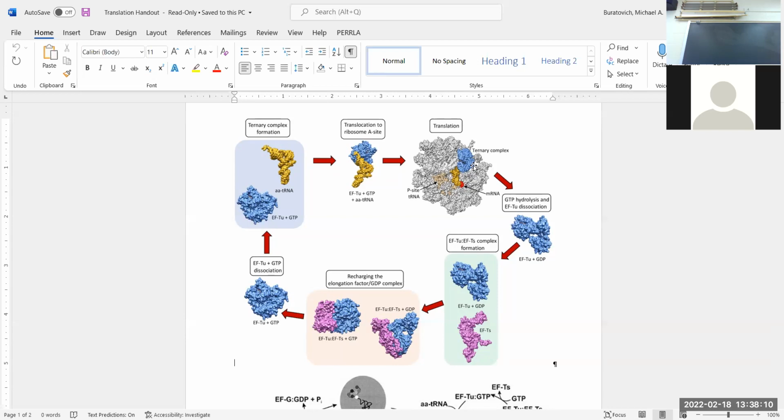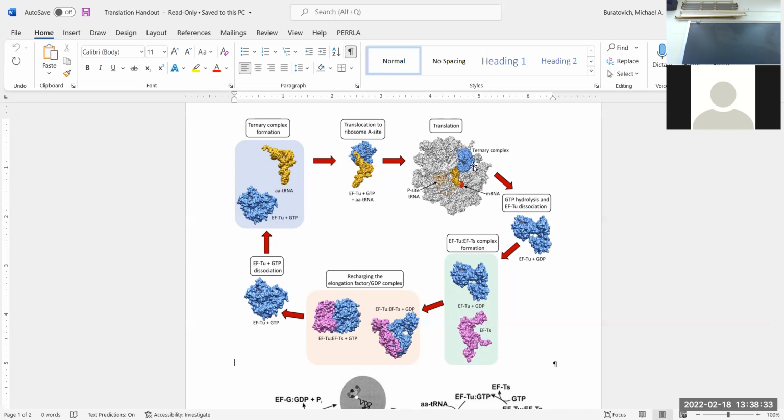Now, you have EF-Tu bound to a GDP. It's not very useful at that point. Instead, there is an exchange factor called EF-Ts. EF-Ts is going to form a complex with EF-Tu bound to GDP, and it's going to kind of tickle it.